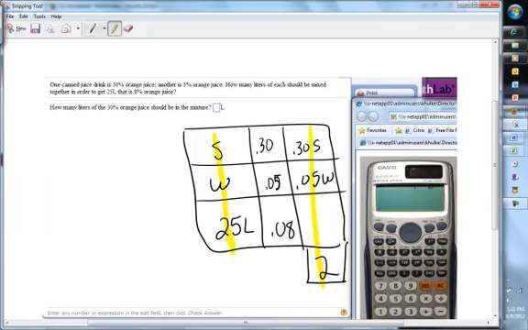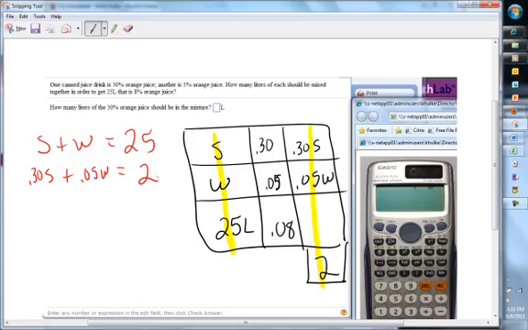We would write S plus weak is 25, 0.30S plus 0.05 weak is 2. Just enter those two on your calculator. Mode 5-1, 1 equals 1 equals 25.